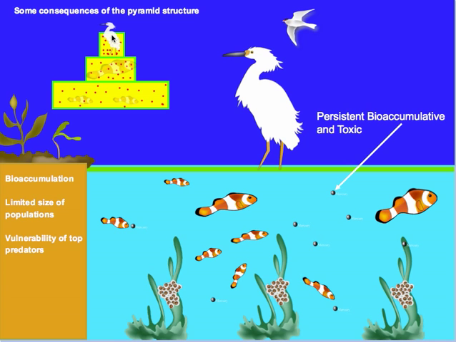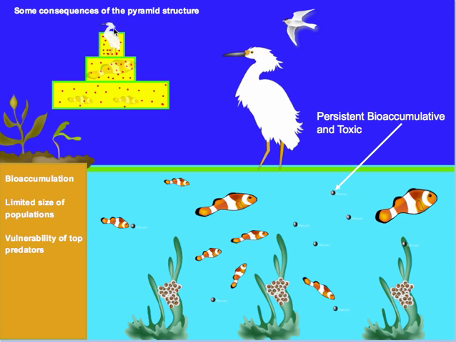This pyramid shape also has some other consequences. It limits the amount of energy that ends up going to the higher trophic levels, and because of that, it would limit the population that you can have feeding at the tertiary and quaternary levels. For example, right here in this simple ecosystem, you would have a majority of small fish, even fewer larger fish, and then a fewer number of birds coming to feed on the bigger fish.